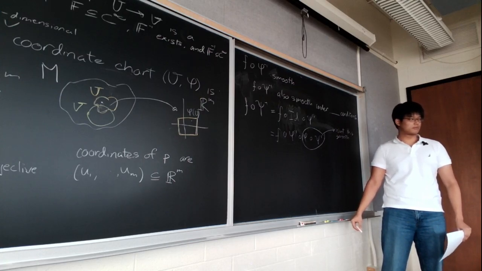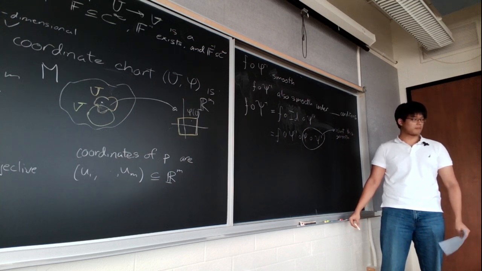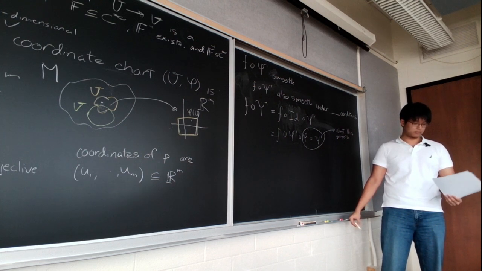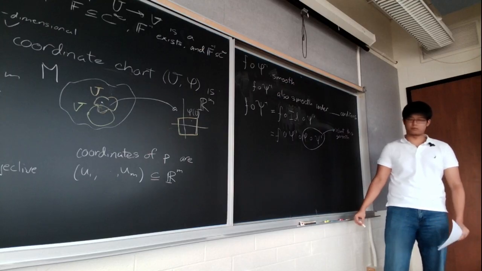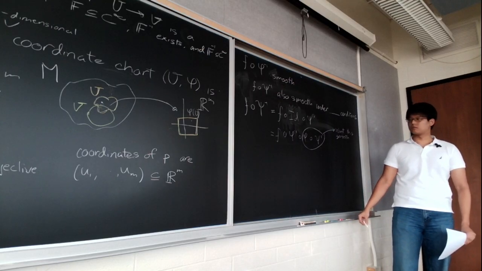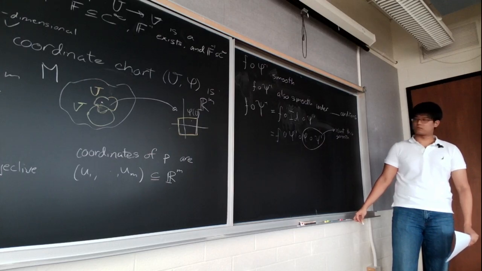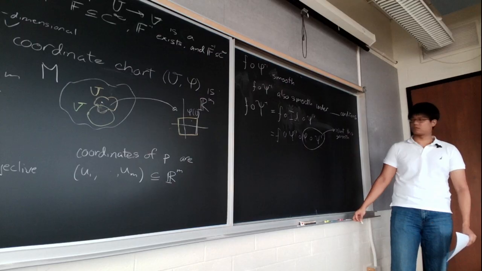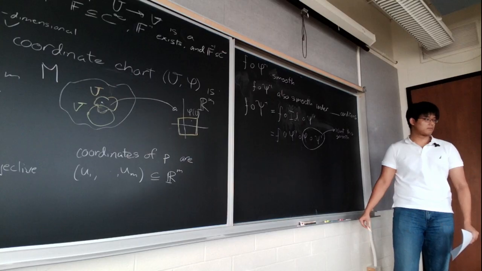Very good. So now we want to prove necessary. We want to show that if this works for any function such that phi composed with f composed with phi inverse is smooth, then I have to have this.